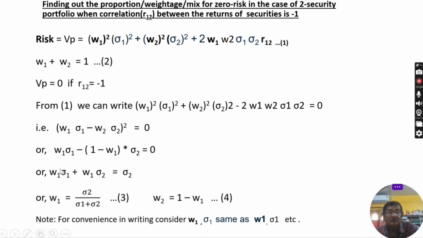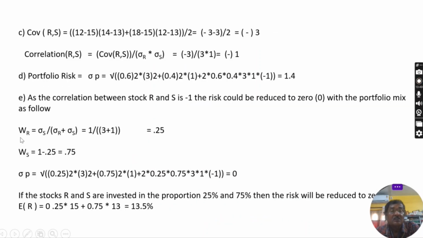This is the formula. W1 is equal to sigma 2 divided by sigma 1 plus sigma 2. In this case, say this is R, WR will be equal to sigma S divided by sigma R plus sigma S. The value comes to this, that is 25% or 0.25.